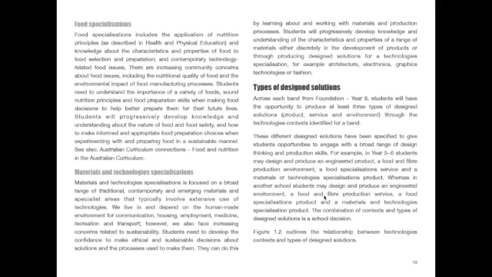Then we have materials and technology specializations. Now this is looking at a whole range of existing materials that we use for various solutions. One example could be in terms of clothing. We've got a whole range of different materials that we can make clothing out of.